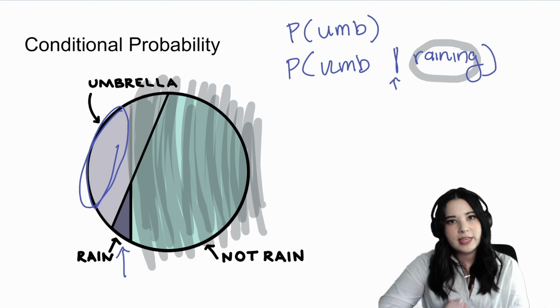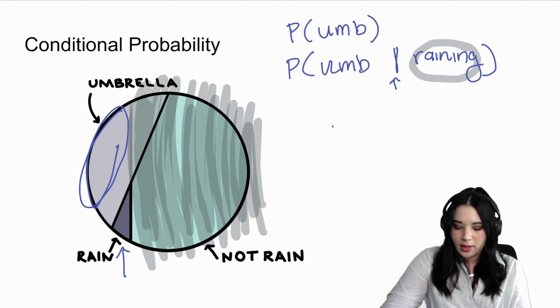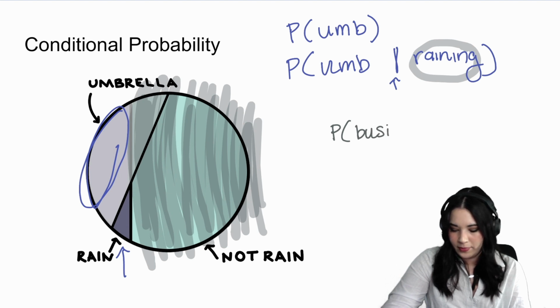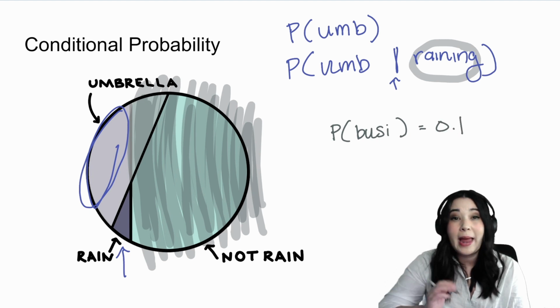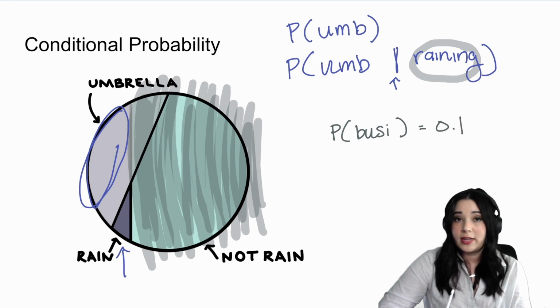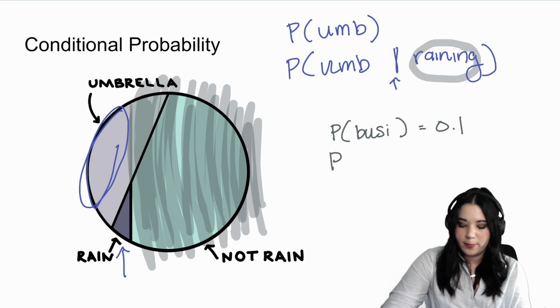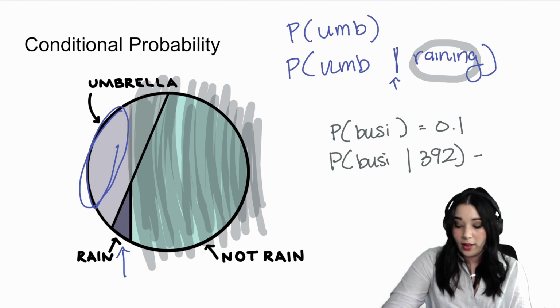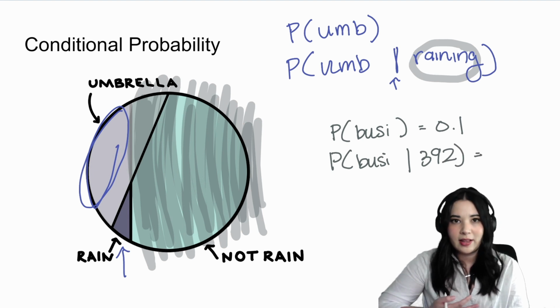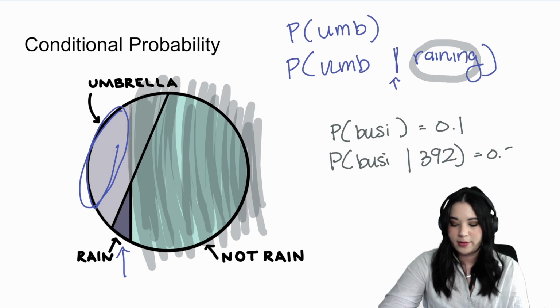All right, let's think of an example that's a little closer to home. Let's assume that the probability of being a business student is 0.1, about 10%. Now let's look at the conditional probability of P business student given you're taking 392. Well, that's a lot higher. In my classes, it tends to be about 50%.